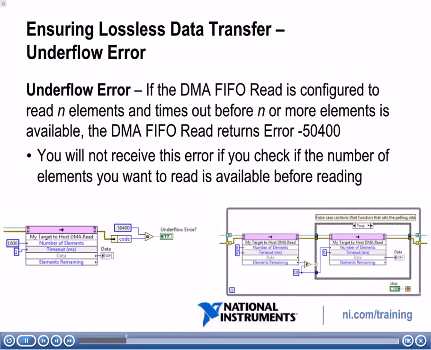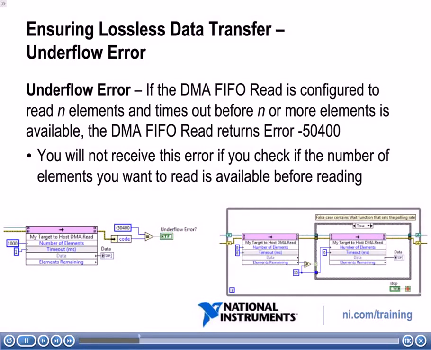One thing I want to note, if you look at the block diagram on your right, this was the recommended way that we suggested that you read from your DMA FIFO on your host. If you use this method, you actually will never get that -50400 underflow error. And the reason for that is, if you look at that first DMA read in that while loop, it's always checking consistently for how many elements are remaining, and we're checking to see if it's reached our fixed size.